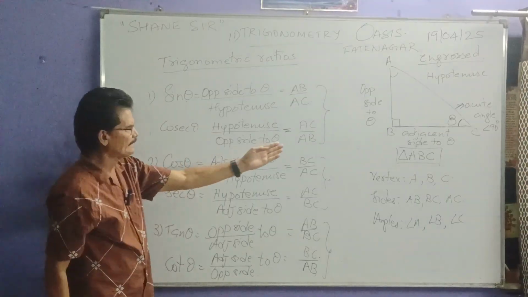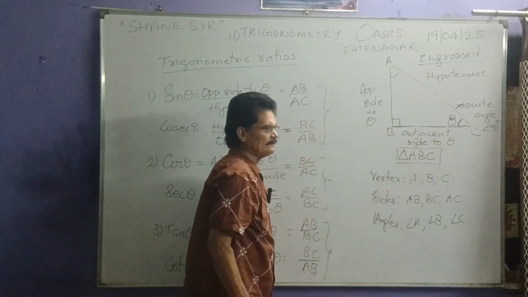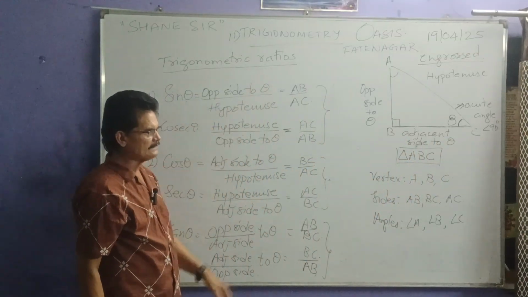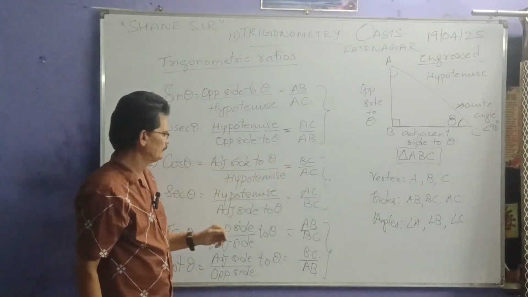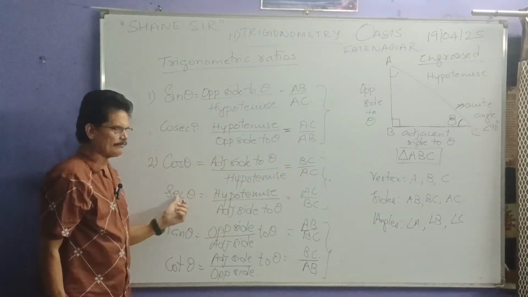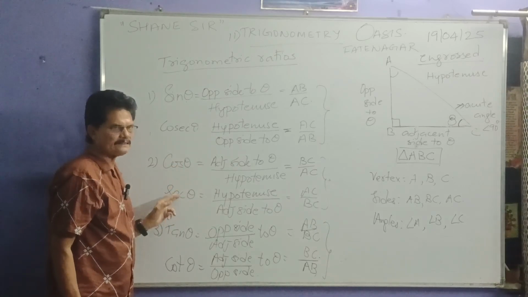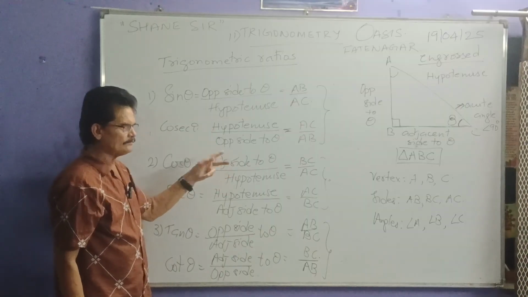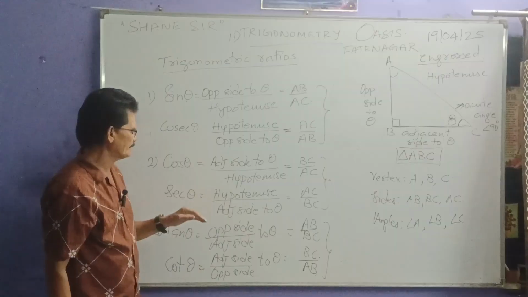Then the second one, cos theta, is adjacent side to theta by hypotenuse. The adjacent side, as I have told you, is BC, and AC is the hypotenuse. So BC by AC. Secant theta is the inverse of cos theta, so you change the denominator to numerator and numerator to denominator.